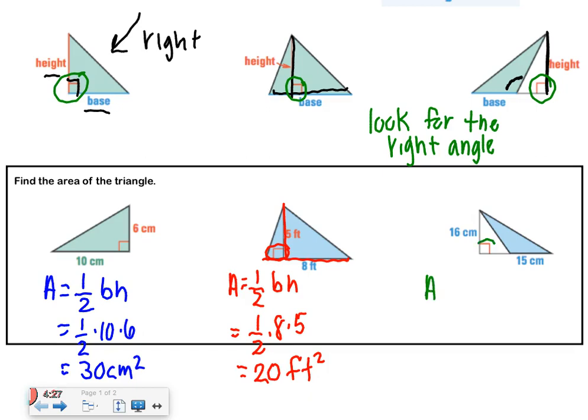Lastly, again, look for that right angle. Half base times height. Half of 15 is 7.5. 7.5 times 16 is 120 centimeters squared.